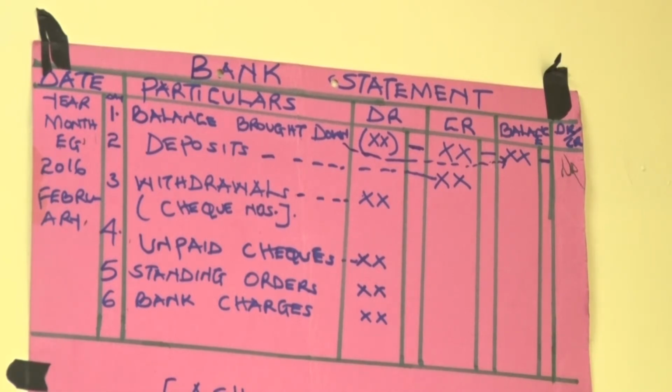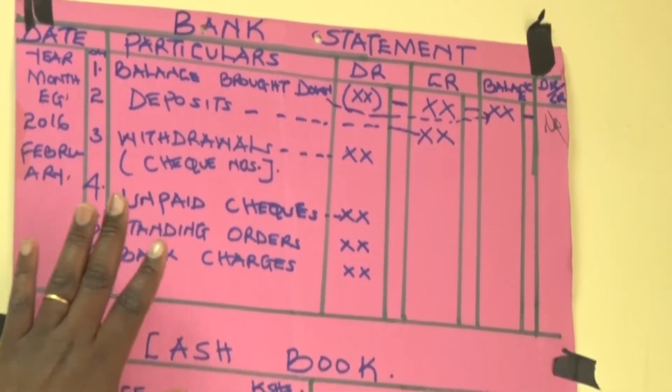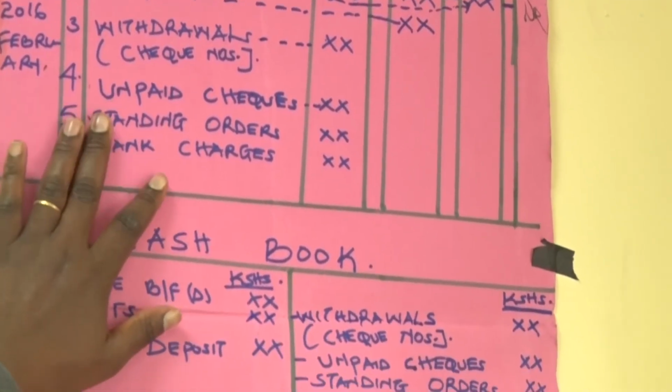In most cases, you are given the balance at the end of a given period, mostly at the end of the month. If it is a negative, it means you have a debt to the bank. But if it is a credit, it is a positive balance. We have money in the account.